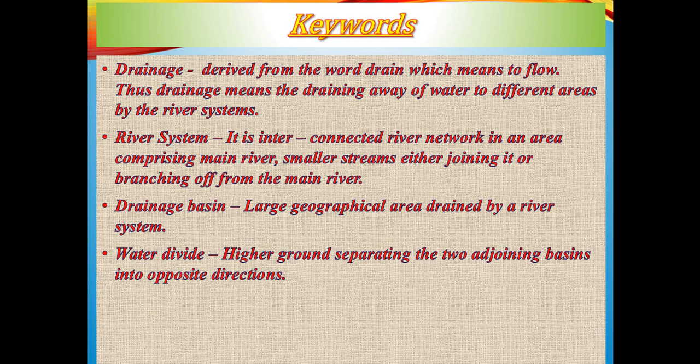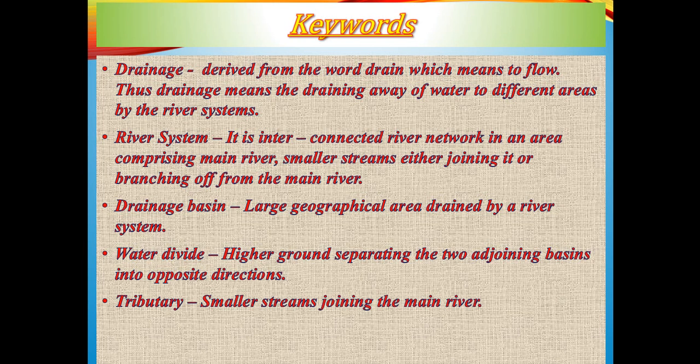So the elevated land or higher ground that separates two adjoining basins, here the west flowing and the east flowing peninsular rivers, in two opposite directions, is termed as water divide.